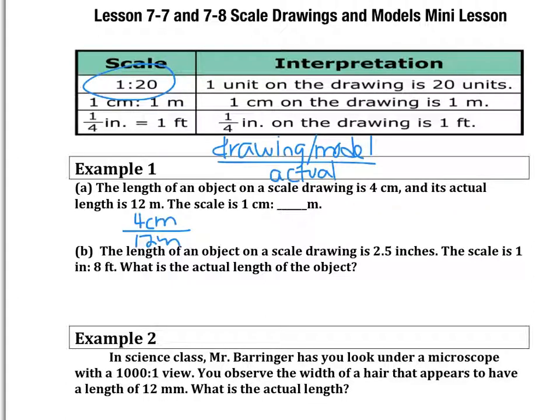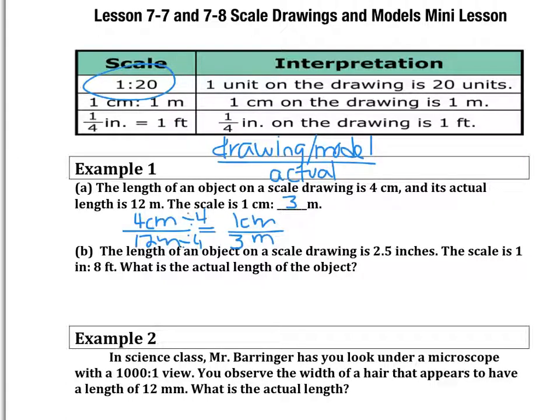And then we're going to simplify it because we can certainly see that the scale is 1 centimeter to a certain number of meters. So to get from 4 centimeters to 1 centimeter, I see that I just need to divide by 4. So I will do that same thing in the denominator, and I will get 3 meters. So what that tells me is the scale for this specific drawing is 1 centimeter to 3 meters.